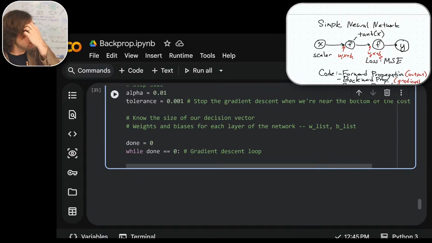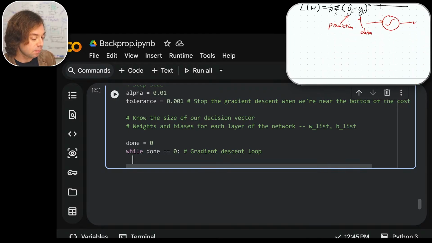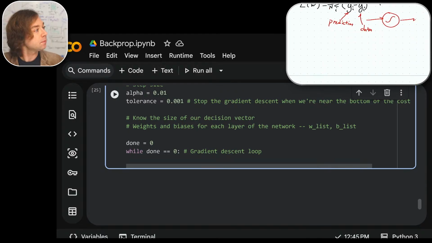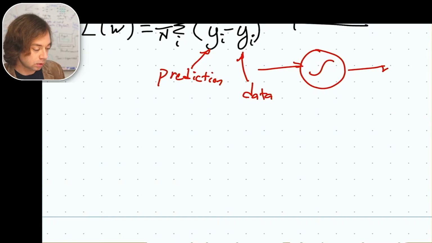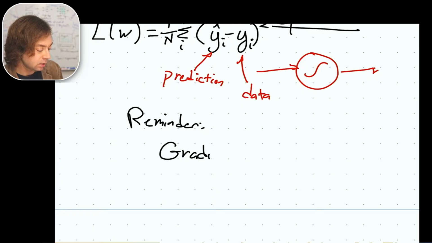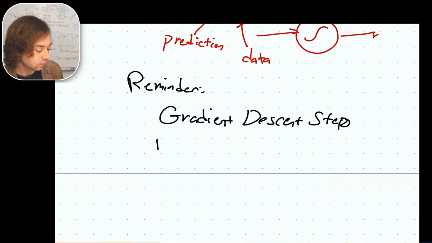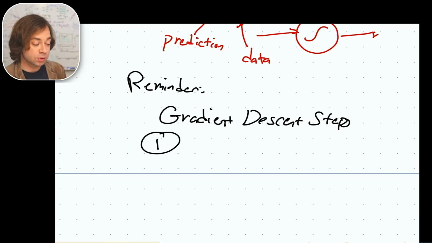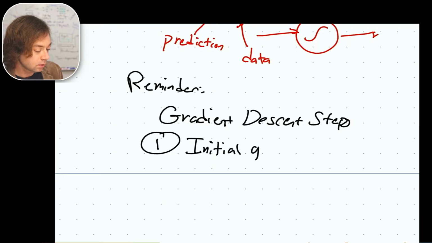Okay, so now we need to do our steps for gradient descent. A reminder of the steps for gradient descent. First thing you've got to do is start with an initial guess of your decision vector.